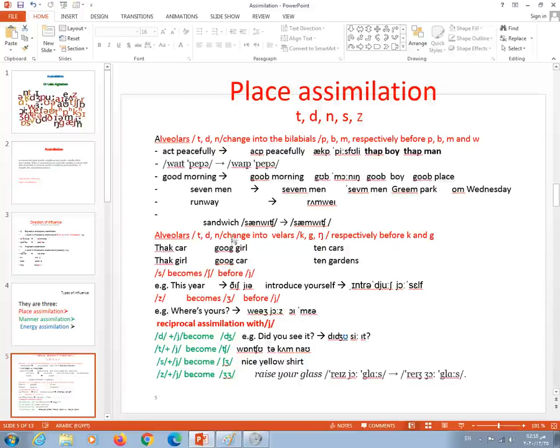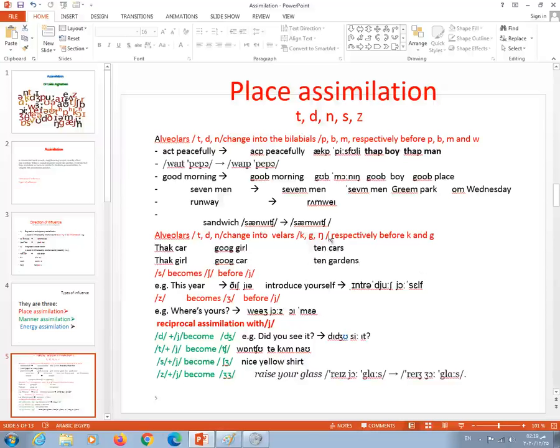Okay, number 3, n, it's going to change into ng also before K and G. So we say ten cars, going to be ten cars. Okay, ten cars, ten gardens. So here I hope that this is clear for you.